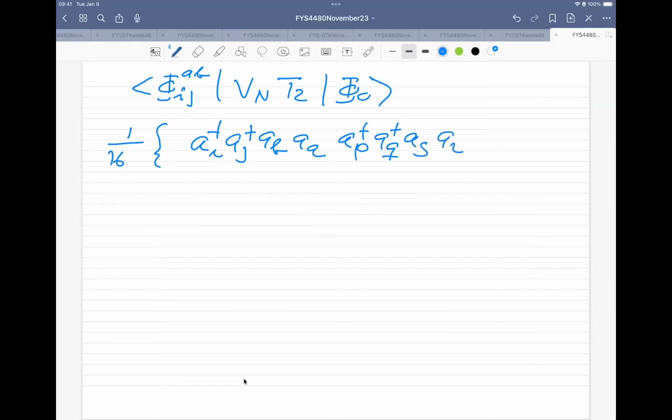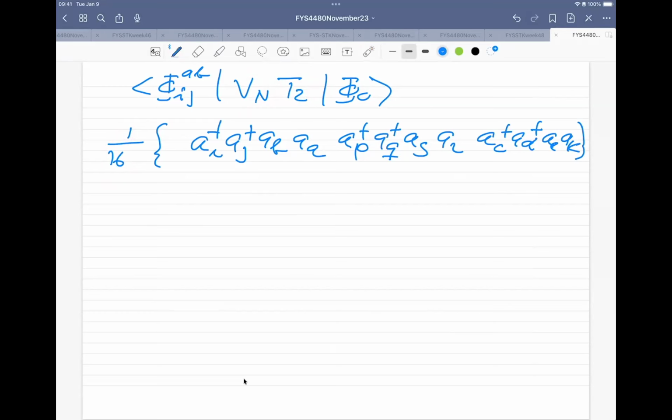And then finally, we have the operator T2, so that gives one factor of 1 over 4. And then we have the other 1 over 4 coming from the interaction. So there's 1 over 16, there's 1 over 4 from that one, and 1 over 4 from that one. And then we have a_c dagger, a_d, and then we have a_l and a_k here.